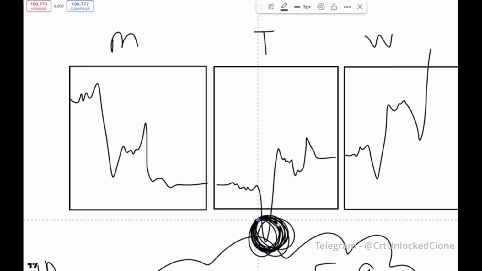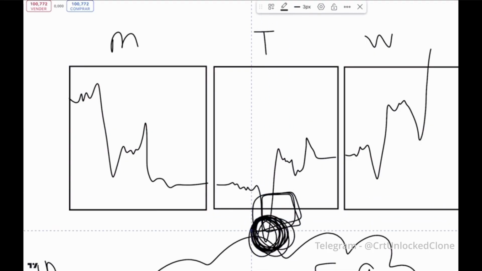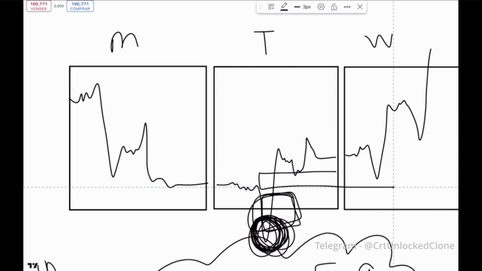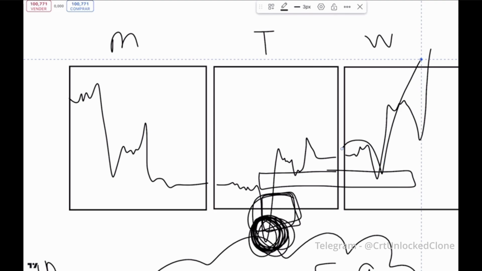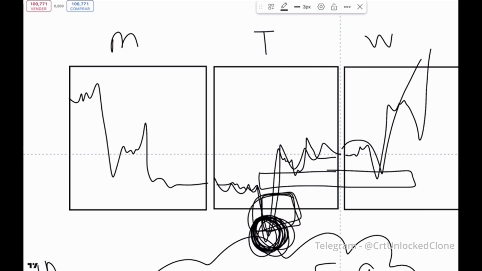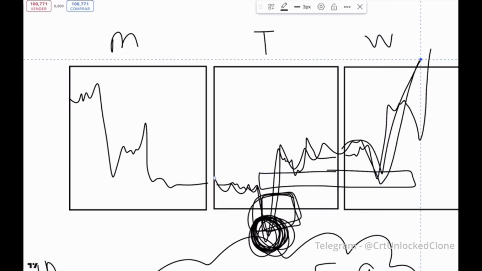Right? And then, of course, it's going to have an order block. And then you're going to have candle number 3 smacking into a PD array in candle number 2 and rallying. Right? And the market structure shift and OTE works within the framework of the candles.